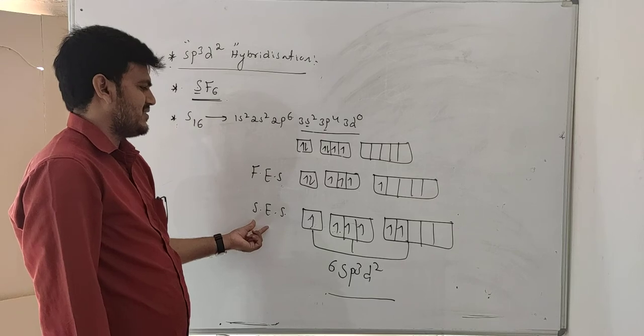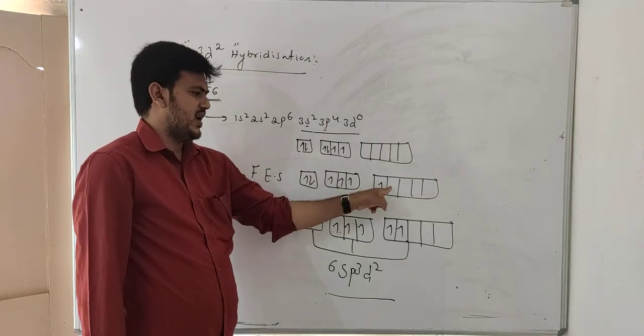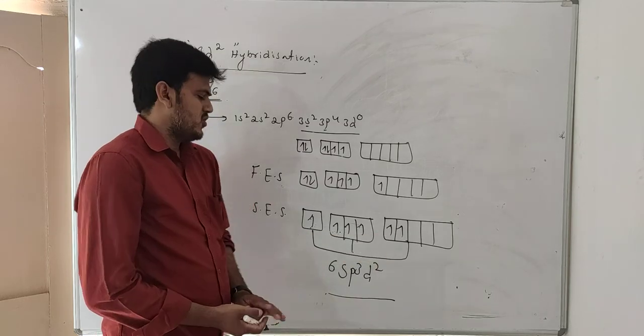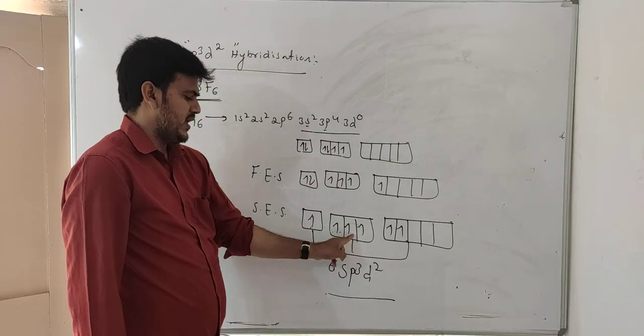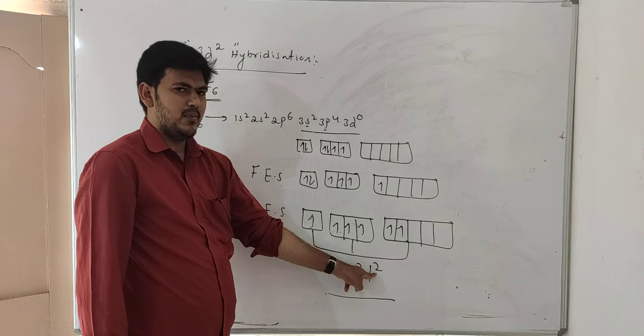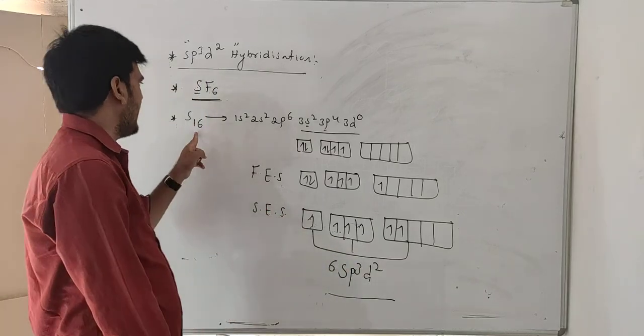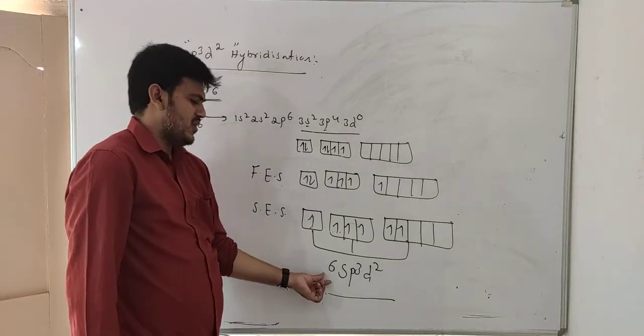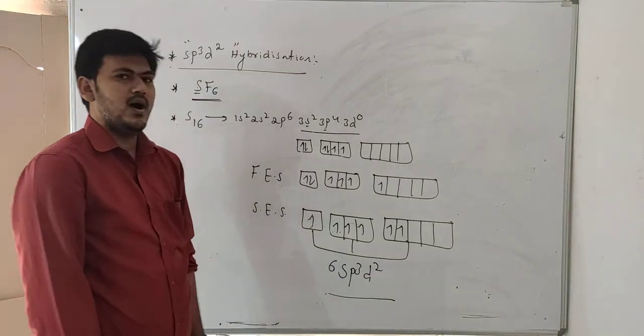In the second excitation state a 3s electron enters the 3d orbital, giving 6 unpaired electrons. So the intermixing of 1 s orbital, 3 p orbitals, 2 d orbitals is called SP3D2 hybridization, and there are total 6 moles of SP3D2 hybrid orbitals.